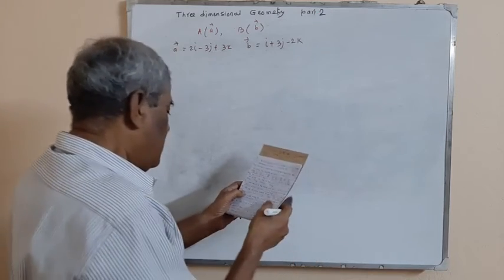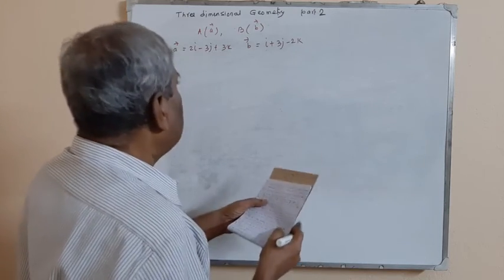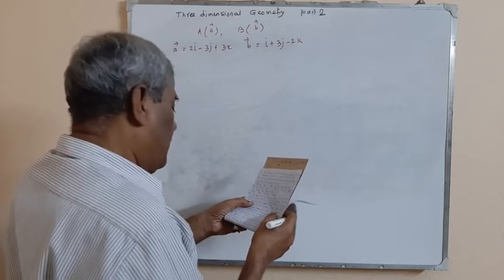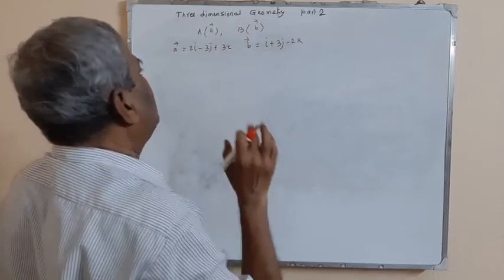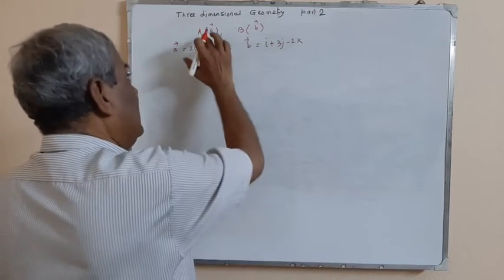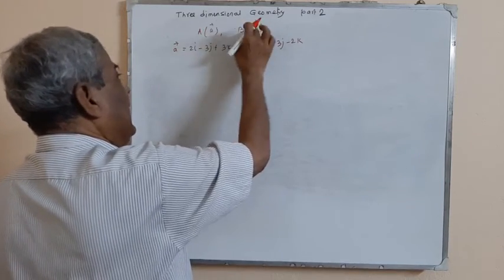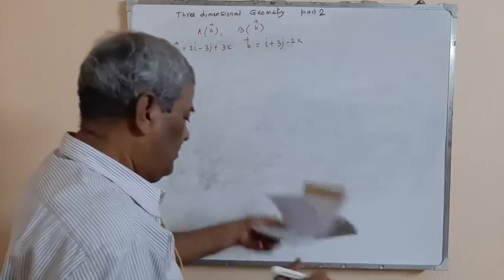The question is to find the Cartesian equation of a straight line which passes through this point and that point.